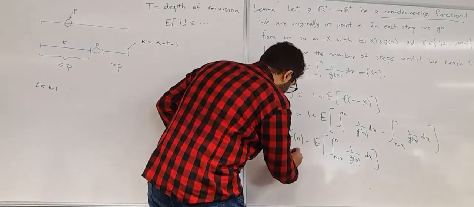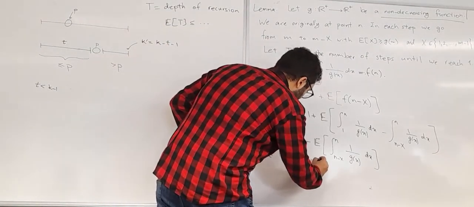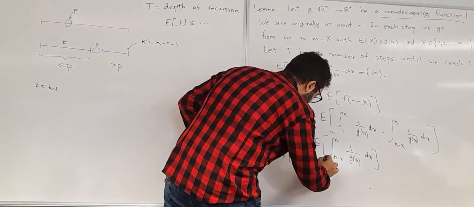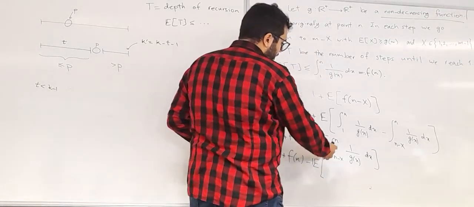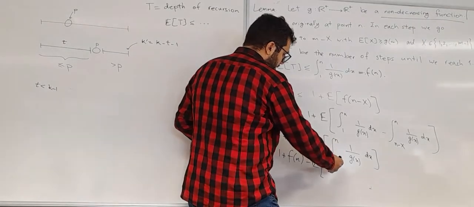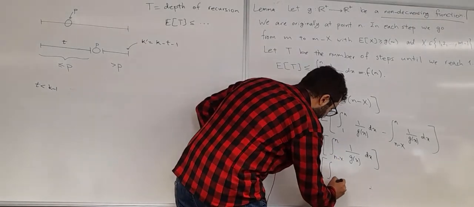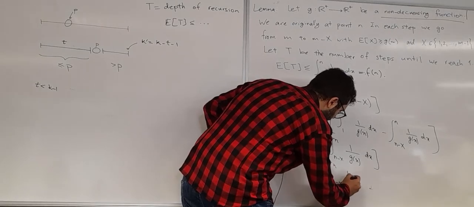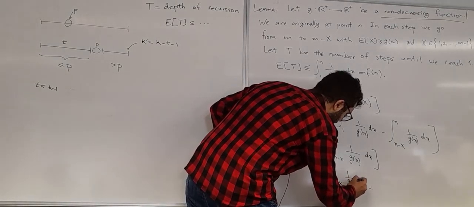So this would be 1 plus f of n minus the expected value of the integral from n minus x to n of 1 over g of n dx.